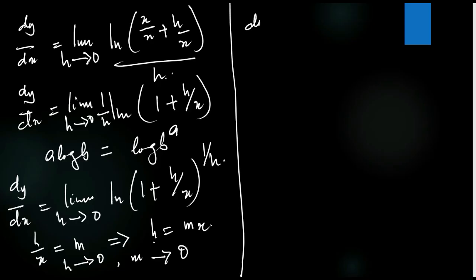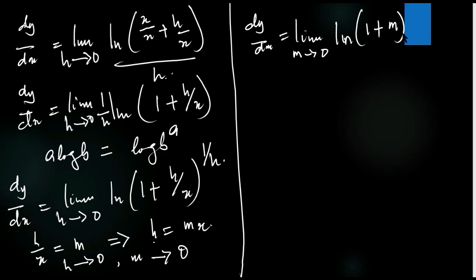Now dy/dx can be rewritten as the limit as m tends to 0 of ln of 1 plus m, where h over x is m, and 1 over h is the same thing as 1 over mx.